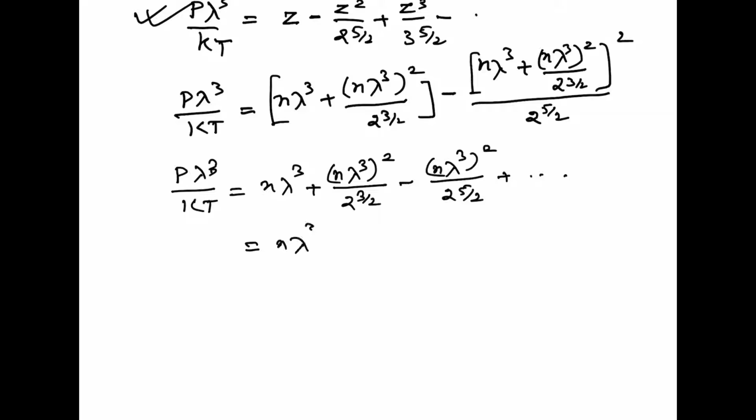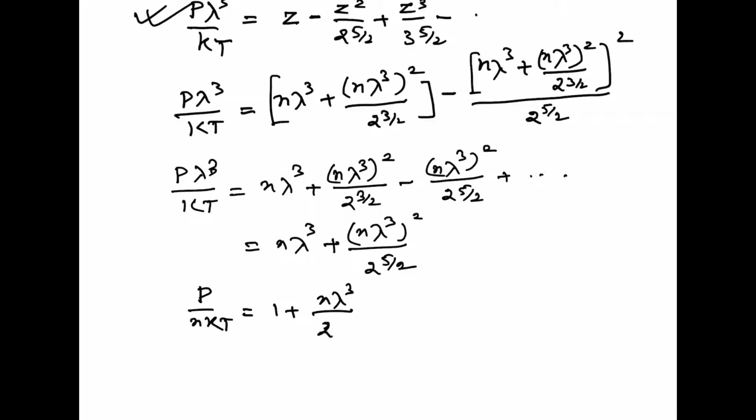And from here we obtain n lambda cube plus n lambda cube whole square divided by 2 to the power 5 by 2. And from here we obtain P by nkT equal to 1 plus n lambda cube divided by 2 to the power 5 by 2. So that is the equation of state for an ideal Fermi gas when the temperature is high.